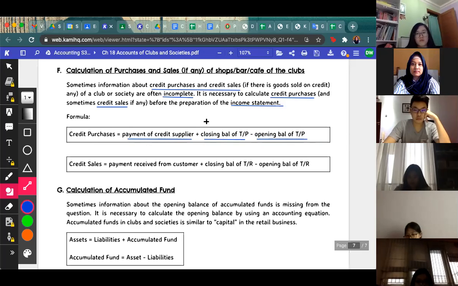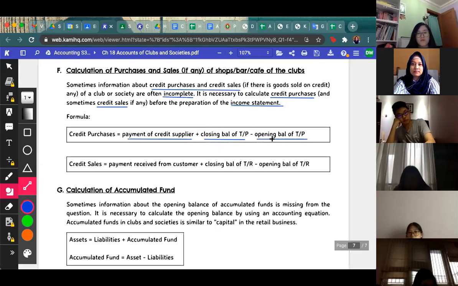If you go back to the incomplete records, we have a lot of information other than these three. We also have discount received, we also have purchases return, but in clubs and societies, we're not going to go that far. Only as simple as calculating credit purchases from the main items, which are payment to credit suppliers, balance CD, and balance BD.